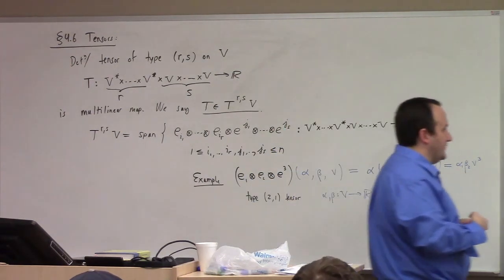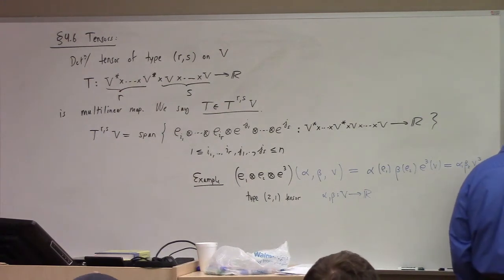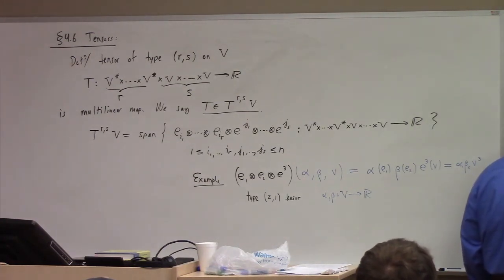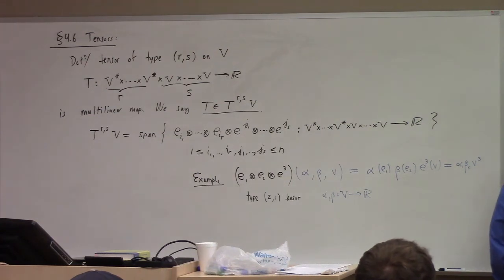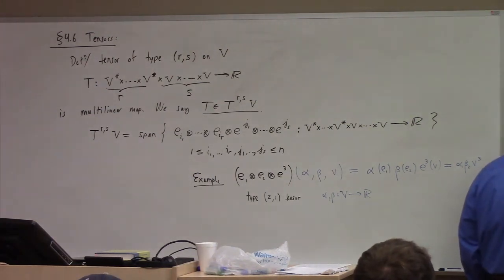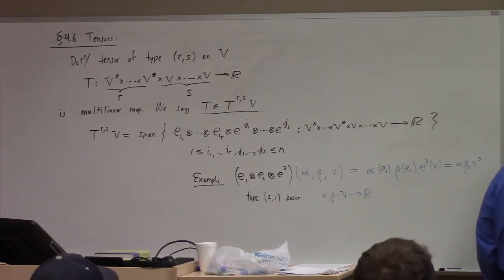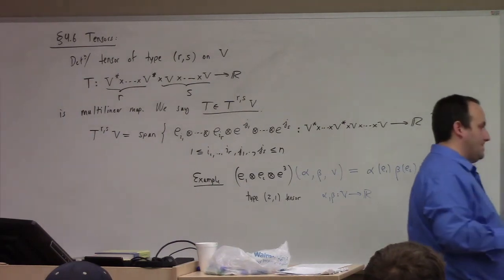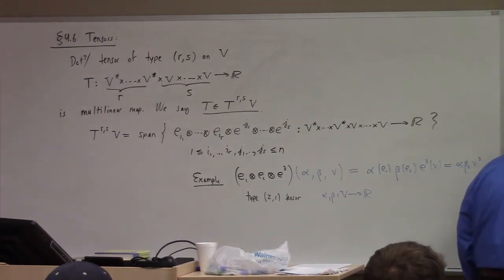So like a differential form, a special case, of course. Well, one-form fields are what? These are type what? Vector fields are type what? K-form fields are type what?